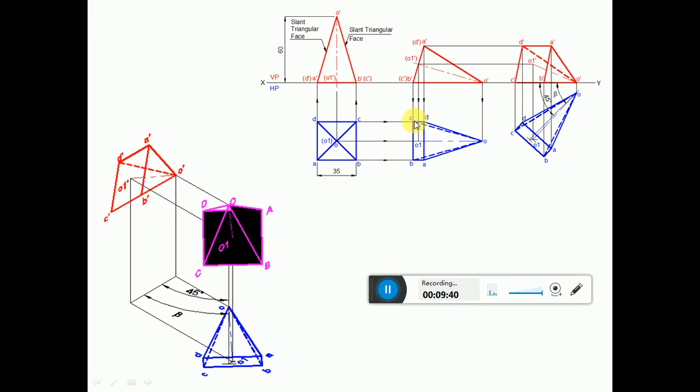And you measure the true length of the axis, which is 60 mm. Consider any point on that 45 degree line and cut an arc on that line to get this point. Then draw a horizontal line to get this locus line. Then you measure the length from O to O1 using the compass, and with the same point O, cut an arc on this locus.